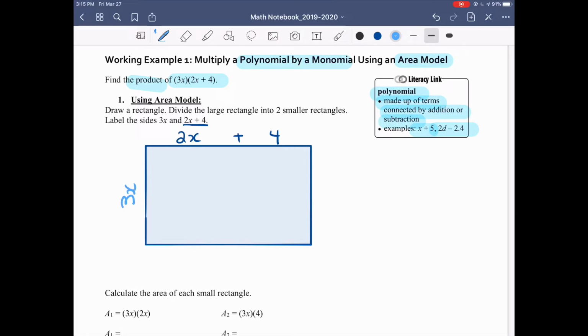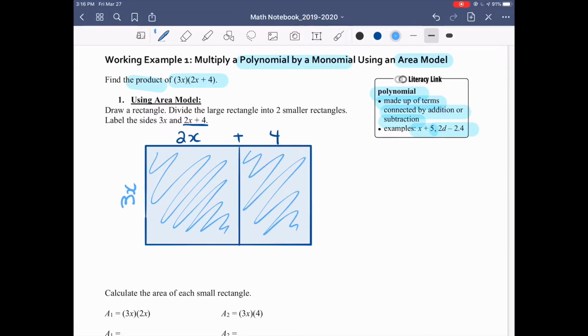Then we draw a line separating the binomial into its 2 terms at the plus sign. Now we want to find the area of this rectangle, and then the area of this second rectangle.